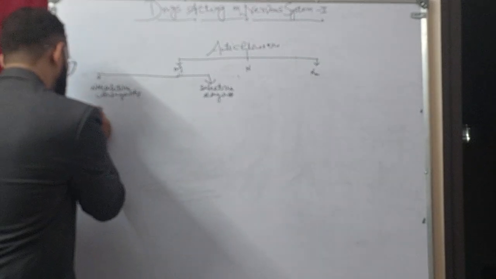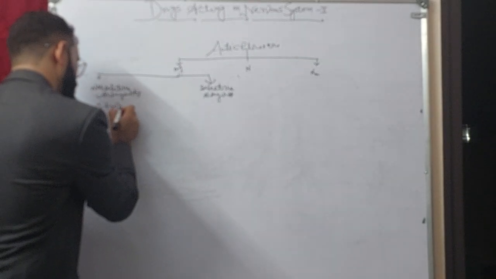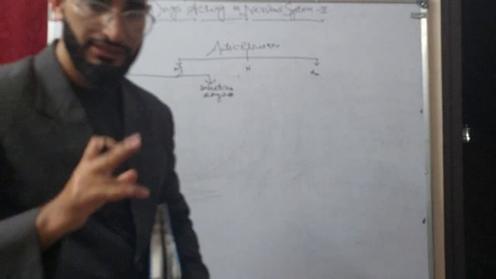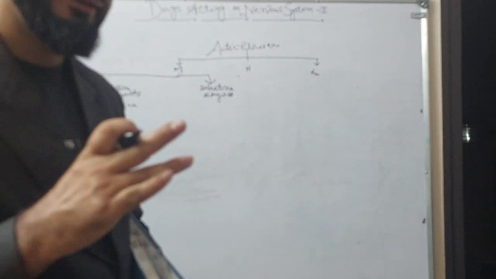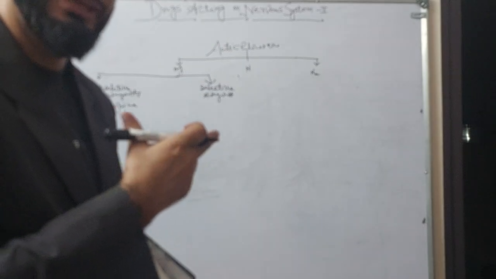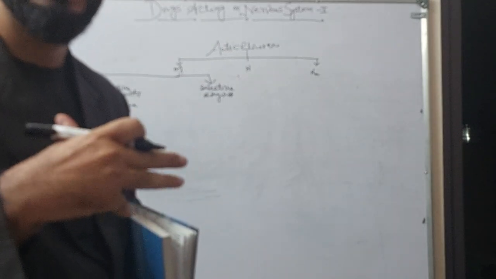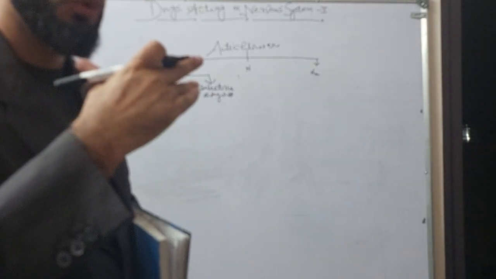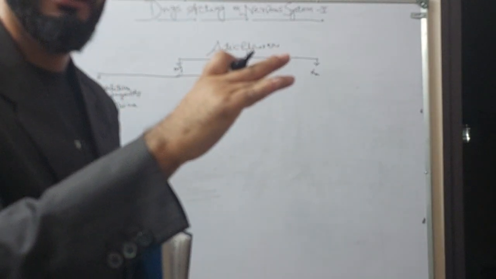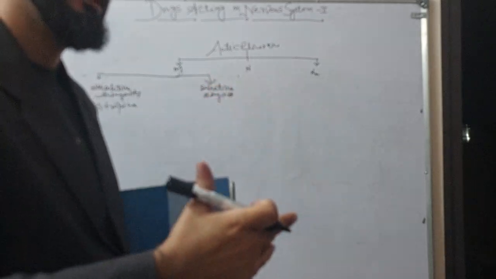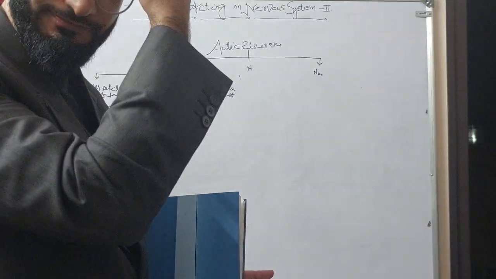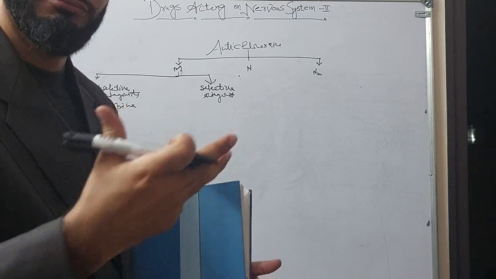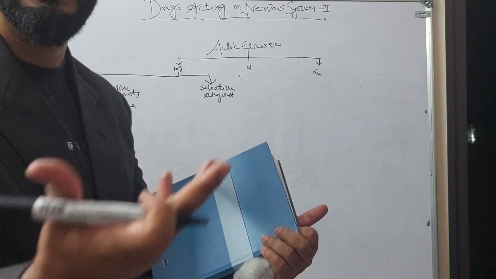Actually, atropine and hyoscine are a single drug, and they differ from each other depending upon optical isomerism. Atropine is the DL hyoscine, and scopolamine is the L hyoscine. So they are the same, but the difference is just optical isomerism.